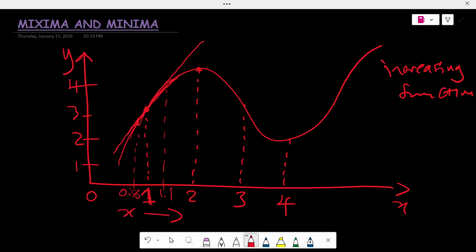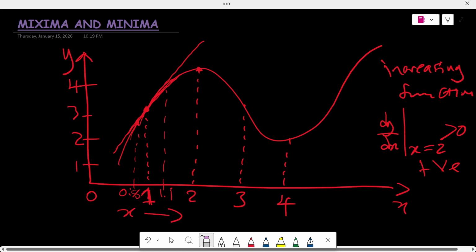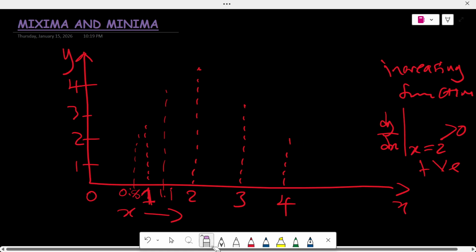So it's simply increasing. And in terms of its derivative, if a function is increasing, its derivative at that specific point should be greater than 0, meaning an increasing function at a specific point has got a positive derivative at that point, right? So let's quickly talk about a decreasing function.